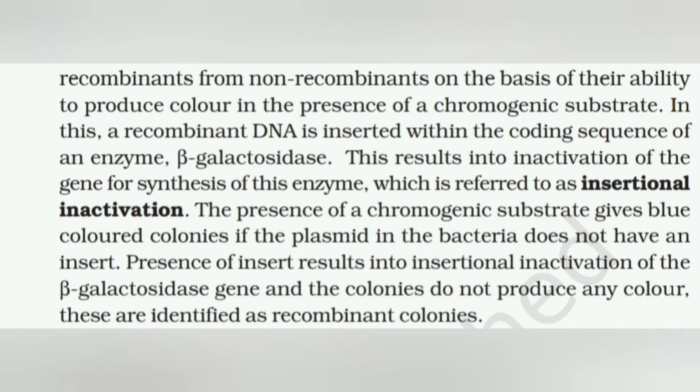In this, a recombinant DNA is inserted within the coding sequence of an enzyme, beta-galactosidase. This results in inactivation of the gene for synthesis of the enzyme, which is referred to as insertional inactivation.